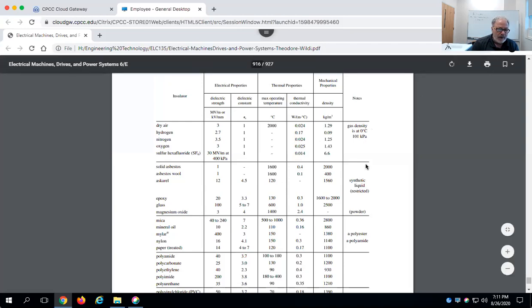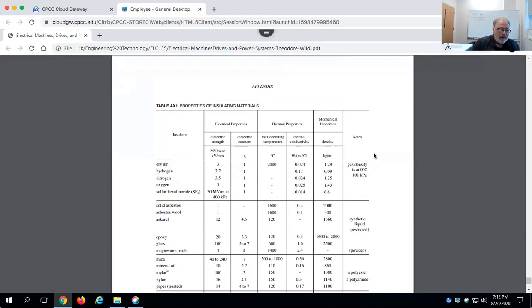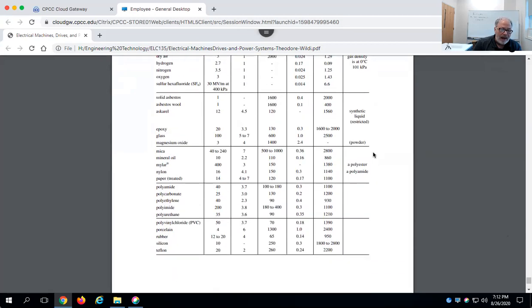Okay, so again, looking at the appendix in the back of our book, we've actually got two tables. One is AX1, which is the property of insulating materials. And of course, what we're talking about with insulating materials are materials that are not thought of as good conductors of electricity.